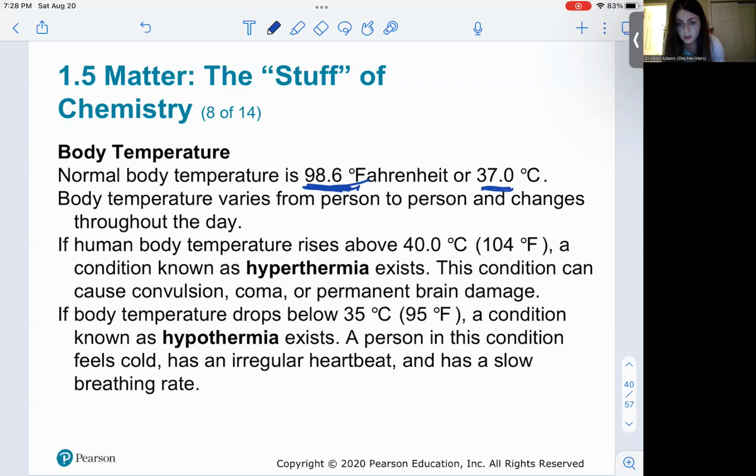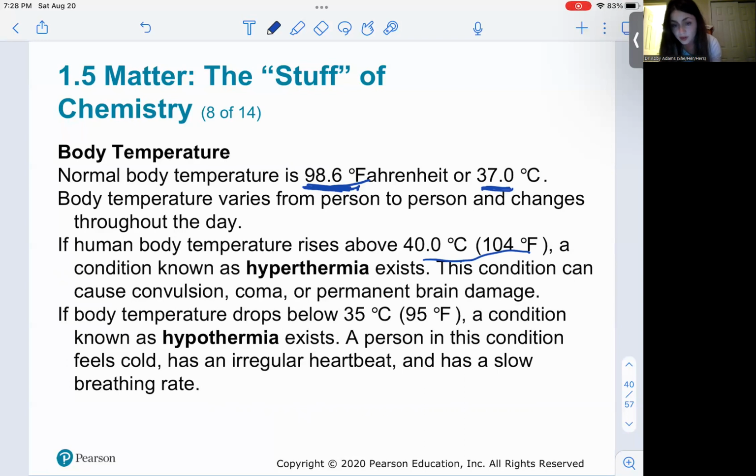If you rise above 40 degrees Celsius, or notice the difference here, 104 Fahrenheit, that's hyperthermia, a fever. So, for example, you have an infection, and that induces your body and your cells to produce all of these proteins. Some of them are called pyrogens, right?